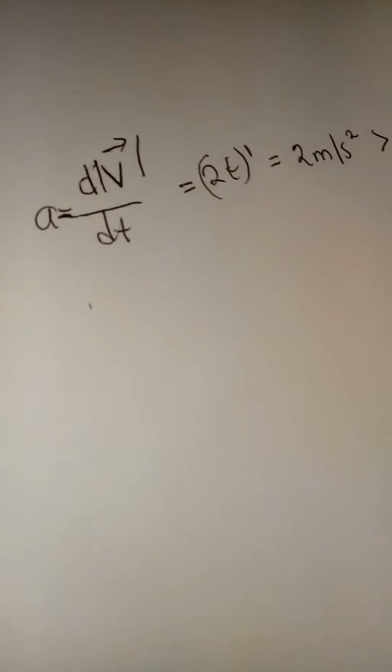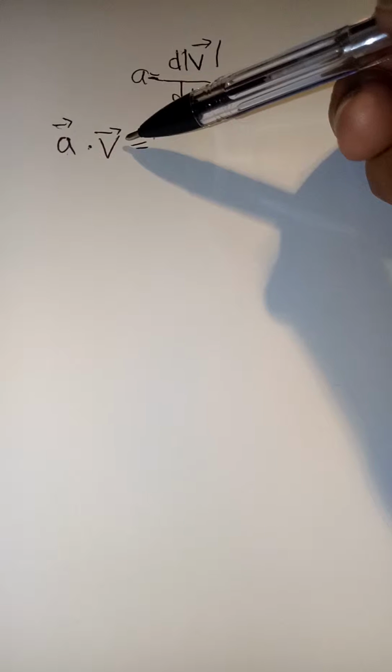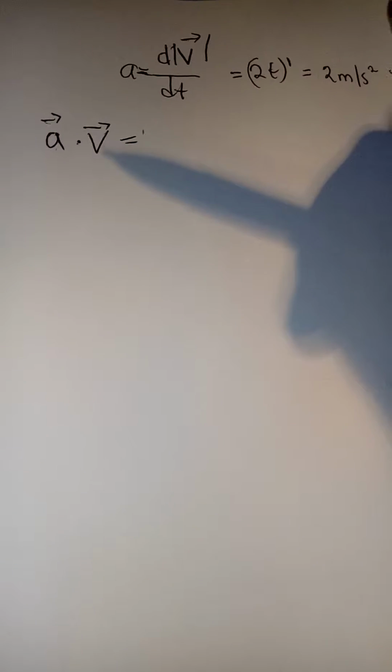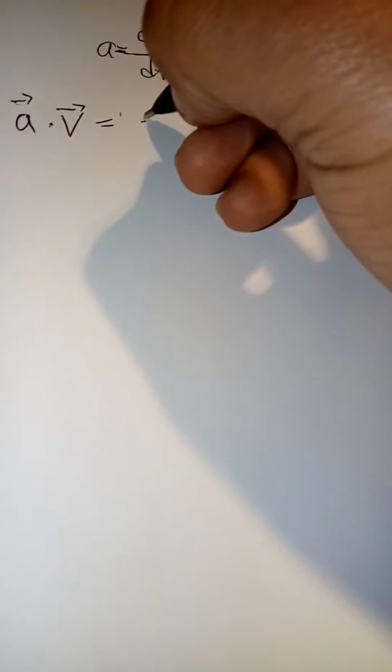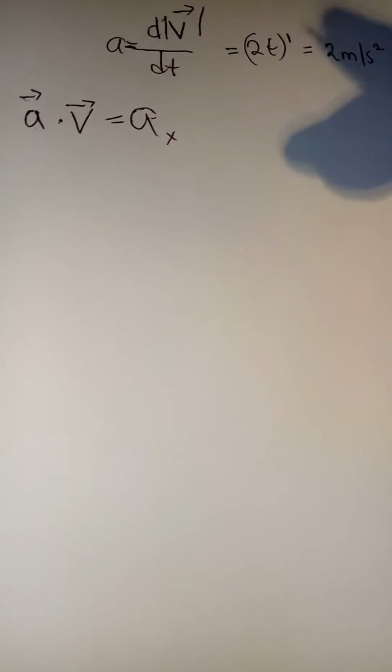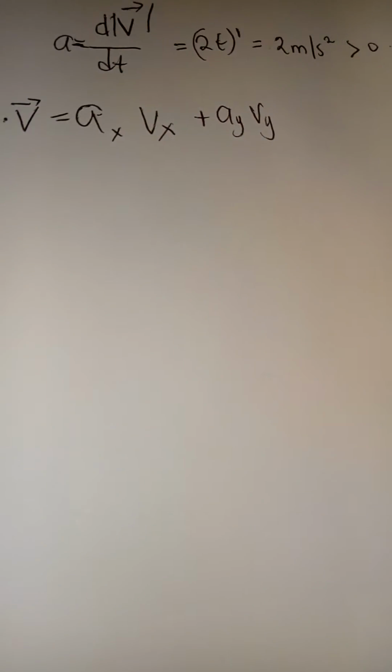The second method, this one is actually simple also, but the other one you can also apply it. The second method is using the a dot v in vector. That's the vector acceleration multiplied by the vector vitesse, the velocity vector, and this is equal to ax vx plus ay vy.